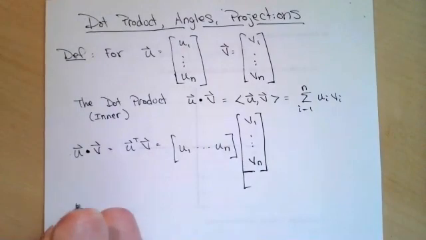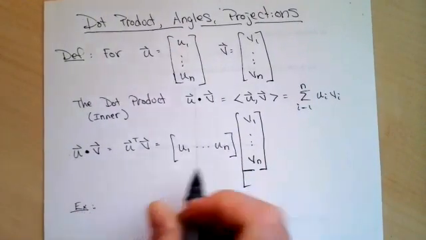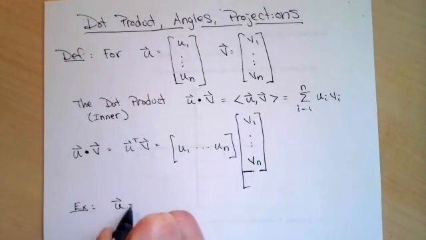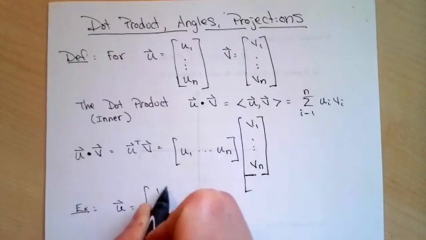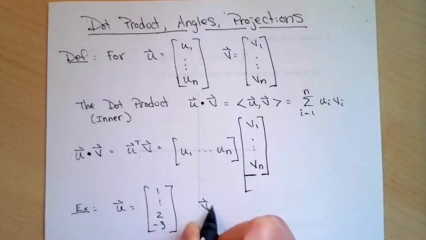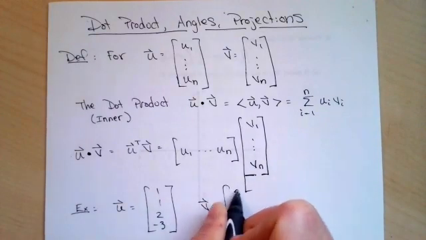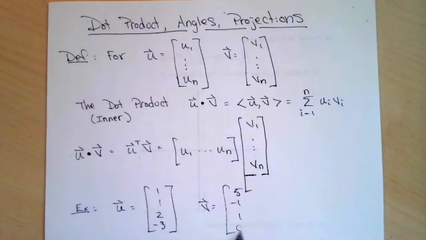Basic example. Let's do a 4-vector. u is 1, 1, 2, minus 3. And v is, let's say, 5, minus 1, plus 1, and 0.